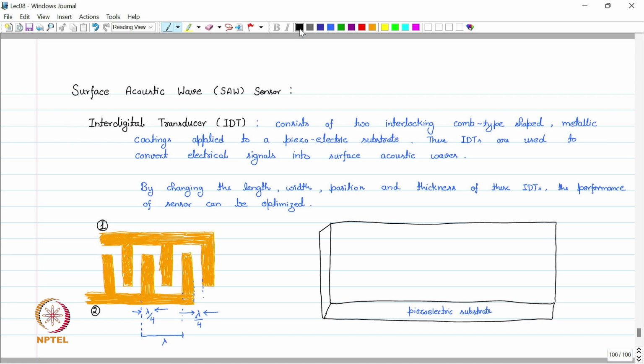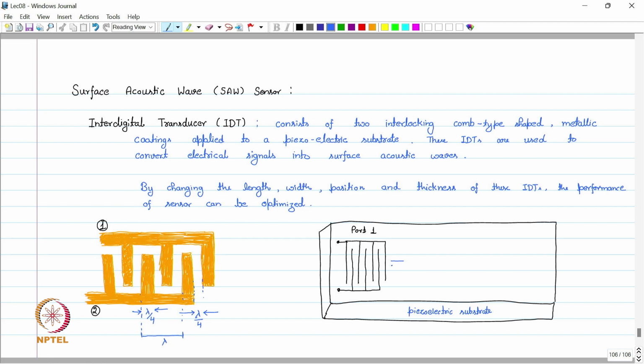On top of this piezoelectric substrate, we have this IDT structure. This is port 1 where we are applying the electrical signal, and then this port 1 will generate acoustic waves.